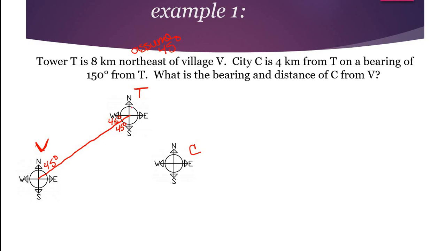And from T, we're going 150. So we just did 150 on the previous one. We'd have 90 and then 60. So this is 60 degrees here. And then this is 30 degrees here. And we come into C.